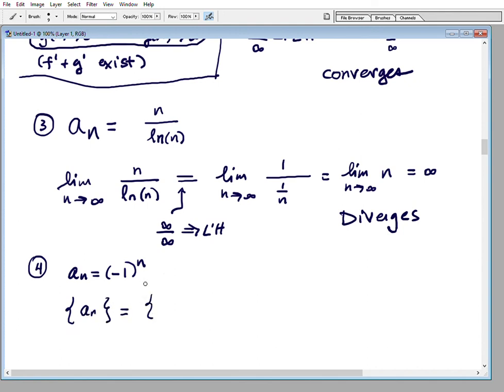When n equals 0, we have 1. When n equals 1, we have minus 1. When n equals 2, we have 1. When n equals 3, we have minus 1. So if n is even, we get a 1 here. If it's odd, it's an alternating sequence, because it alternates positive, negative. So that is called an alternating sequence.